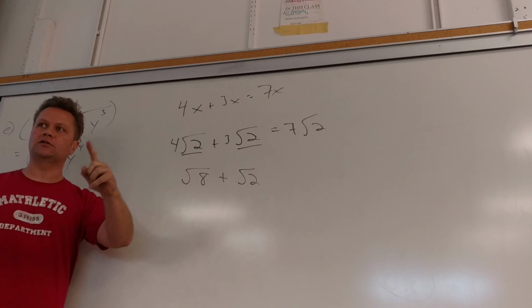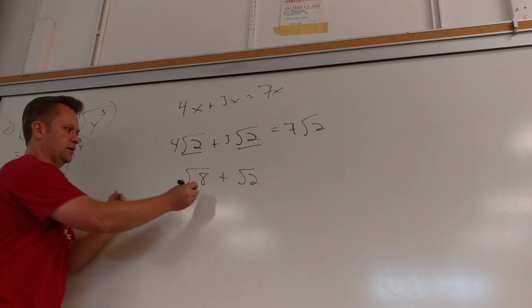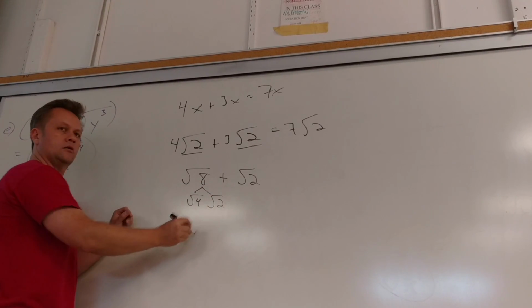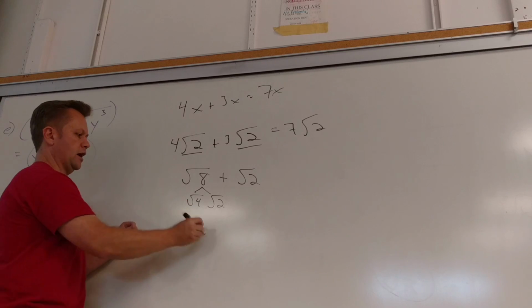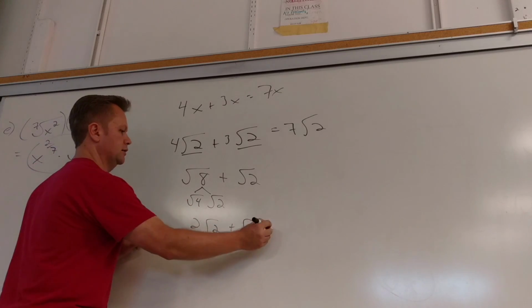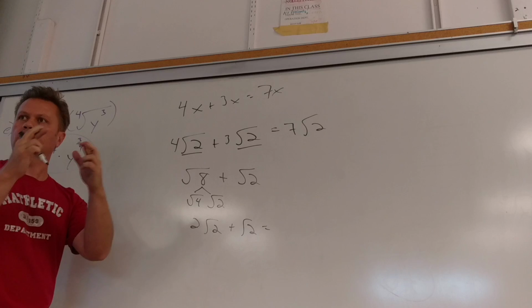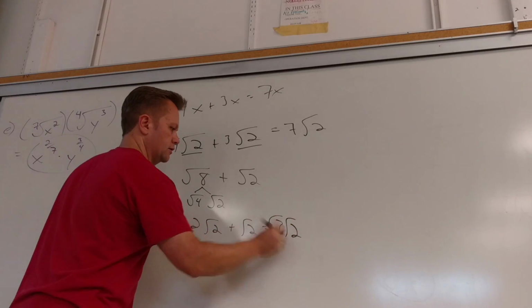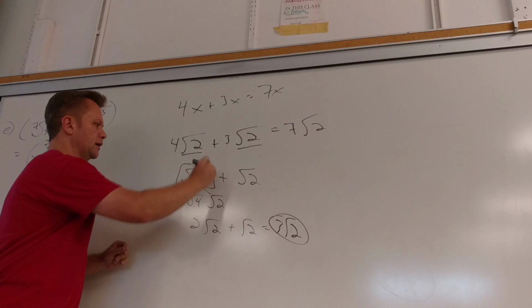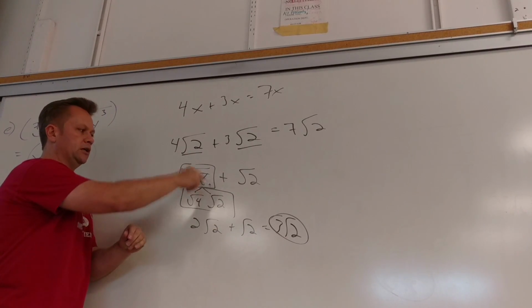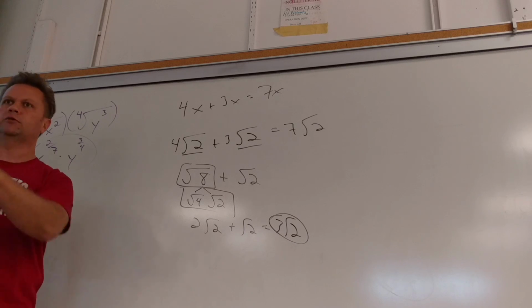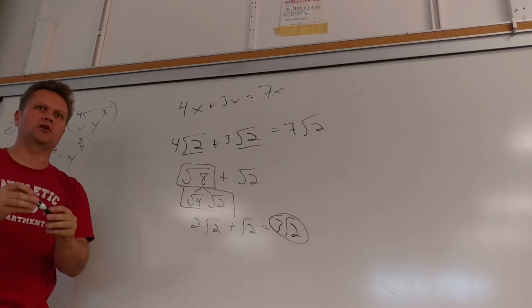But can you make them like terms? Yes. Because what's this? So it's 2 rad 2 plus rad 2 is 3 rad 2. 2 of these plus 1 more is 3 of these. So that's the immediate, not the only thing, but the immediate usefulness of what we just did: to make radicals like terms. That's one little thing you can do with it.